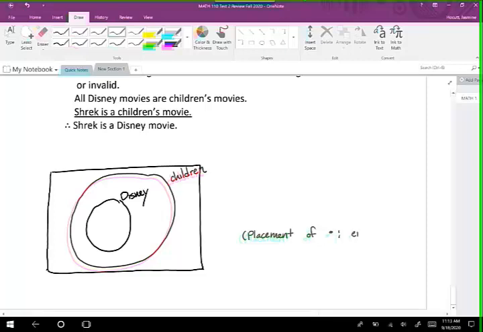And what we're going to do is either we're going to confirm that the conclusion must be true.